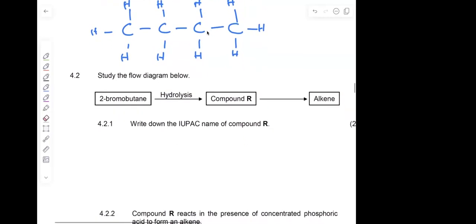So it was 2-bromobutane, that substitution, the OH is going to land up in the same position as the bromine. So you should end up with, as an answer, 2-butanol. Right? Or you can write it as butan-2-ol. Like that.